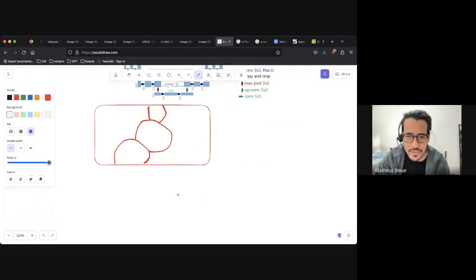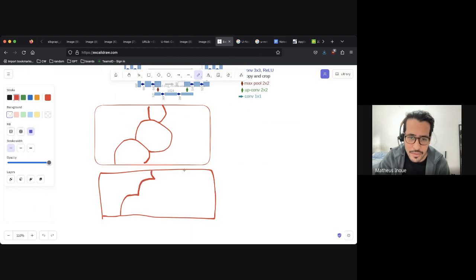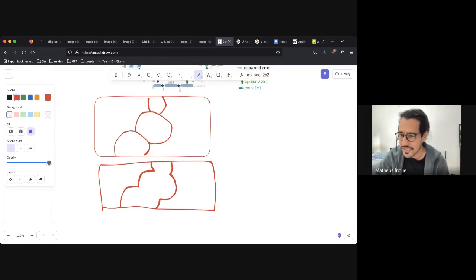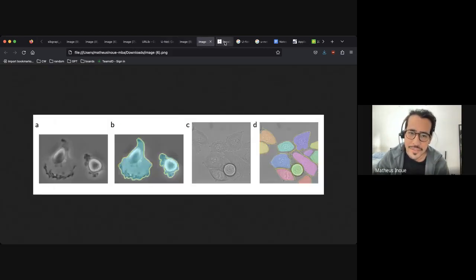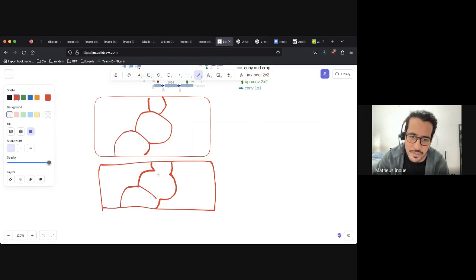If you're doing pixel-wise segmentation, it's probable that if you don't do anything special, instead of getting these are 3 cells, you get this is just one big blob that is the cell, right? And this is not very good, because for biomedical work it's very important to understand the shape of the cells and also how many cells you have in an image, right? So this bordering information is really important to know as well.